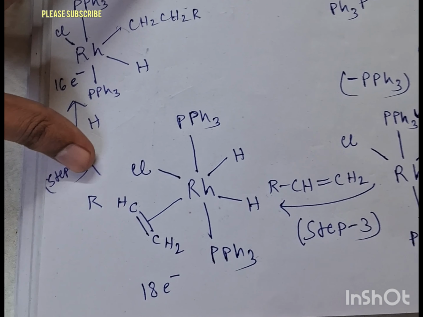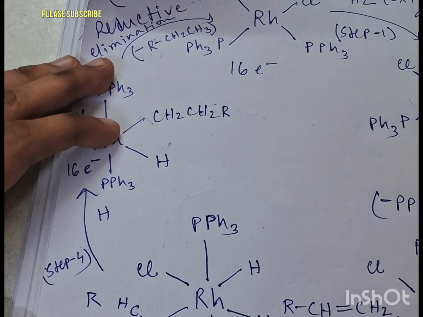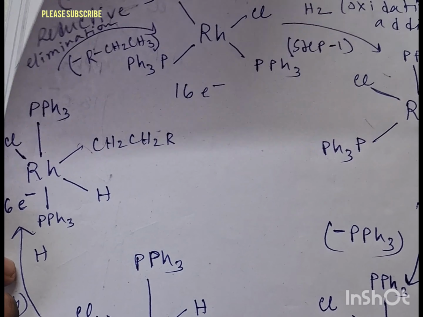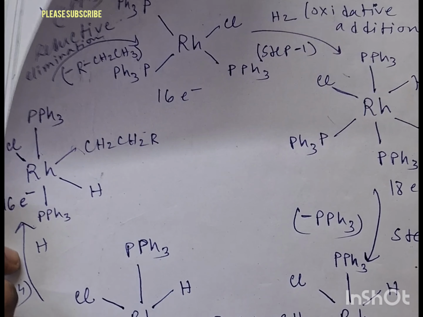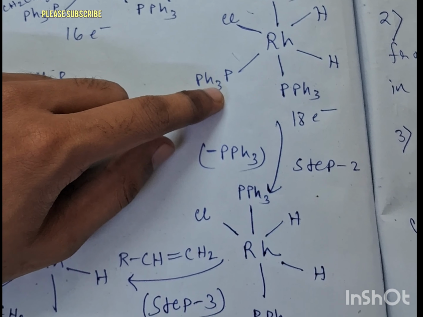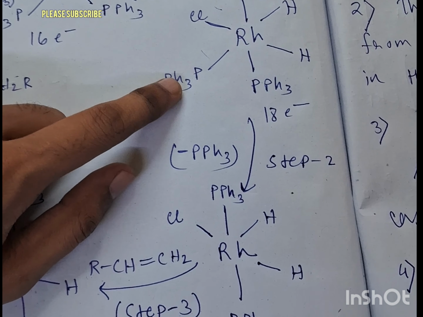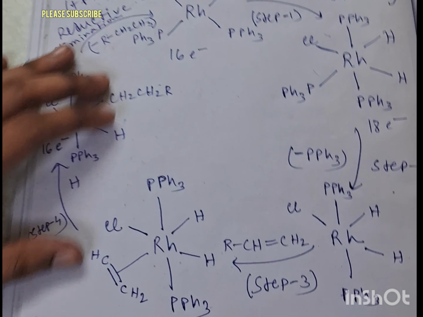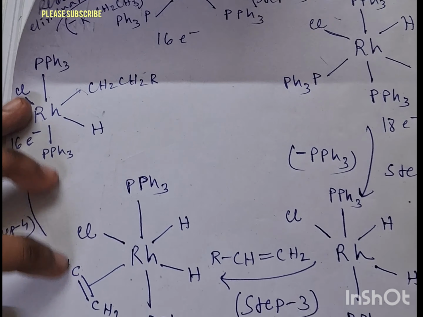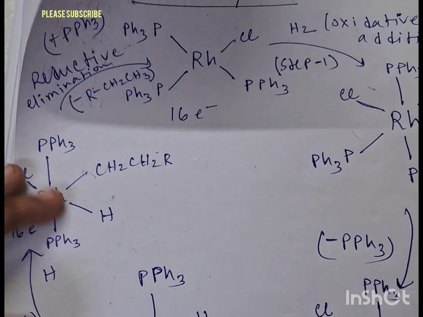Here you can see this is the third step. So here you can see the alkene coordinated with the metal center, and exactly at this site, first of all, a triphenyl phosphine was present, but this triphenyl phosphine is absent now because I have removed it from the complex, and now the alkene is present with the metal center at the site.